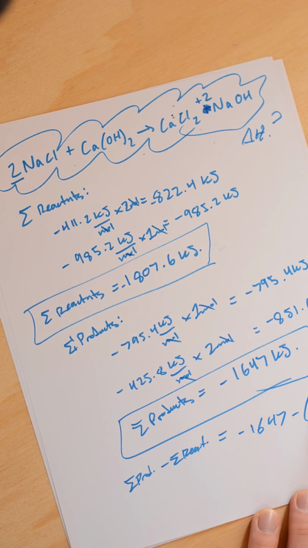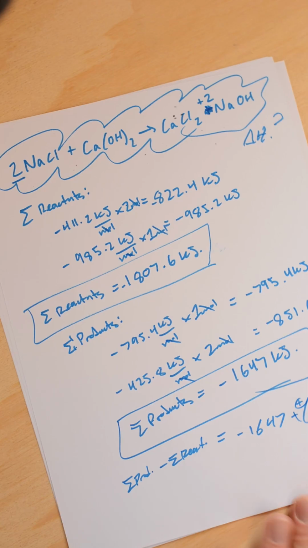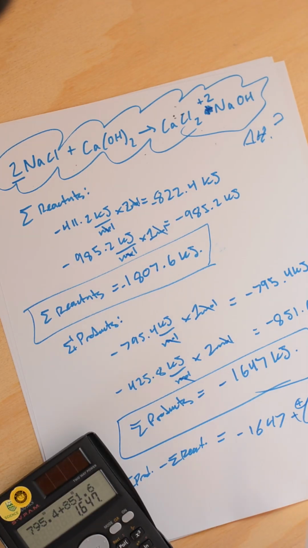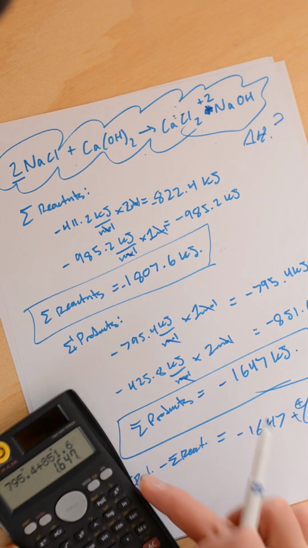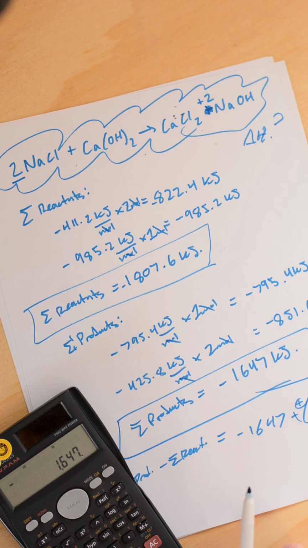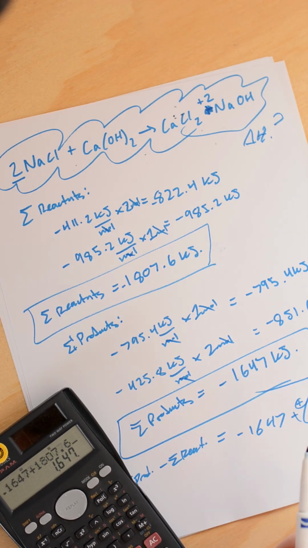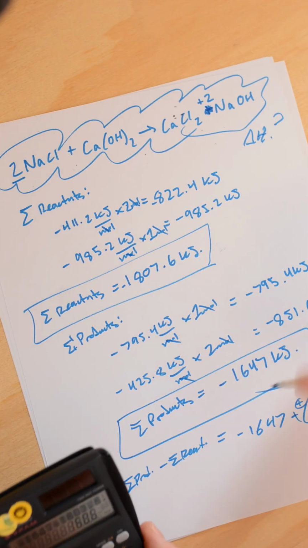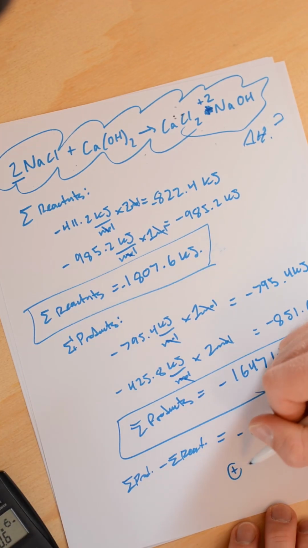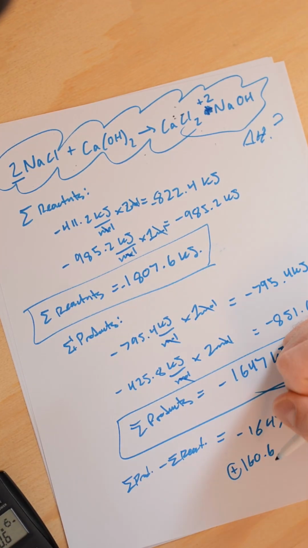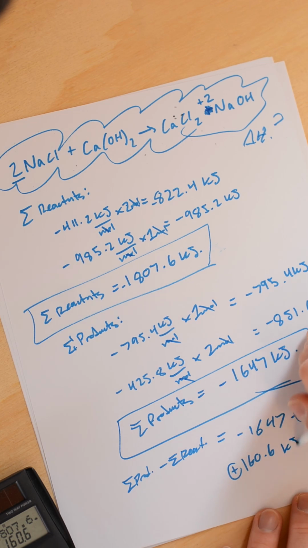We're going to subtract negative 1807.6. Remember your double negatives here, so this becomes a positive, right? Back to our calculator. Negative 1647 plus 1807.6, or subtract the negative. And we get a positive result, positive 160.6 kilojoules.